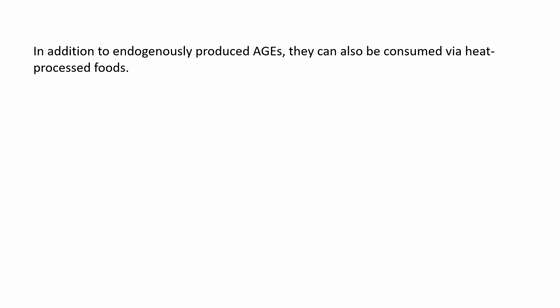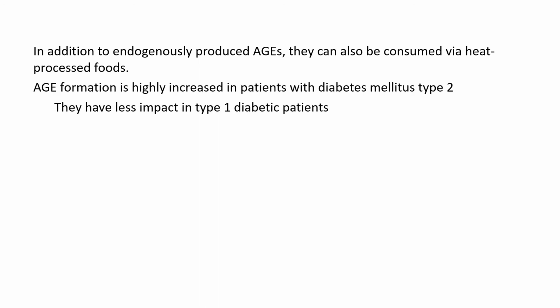And this is the big issue really with heat processed foods, because AGEs are consumed via heat processed foods, by cooked foods. In patients with diabetes type 2 in particular, AGE formation is endogenously increased. Of course, eating them as well doesn't help.